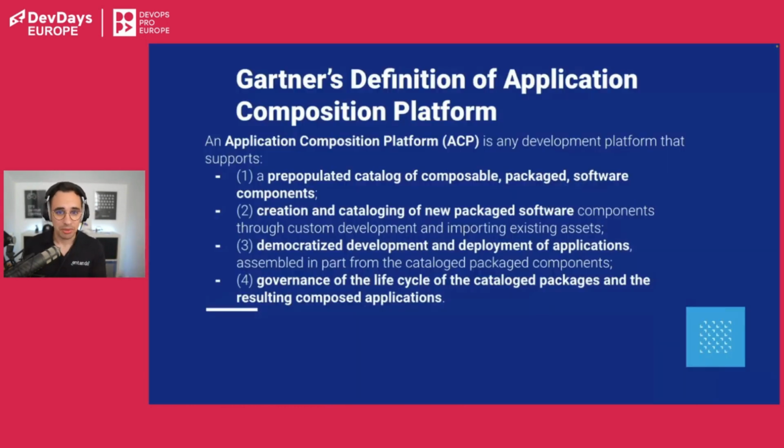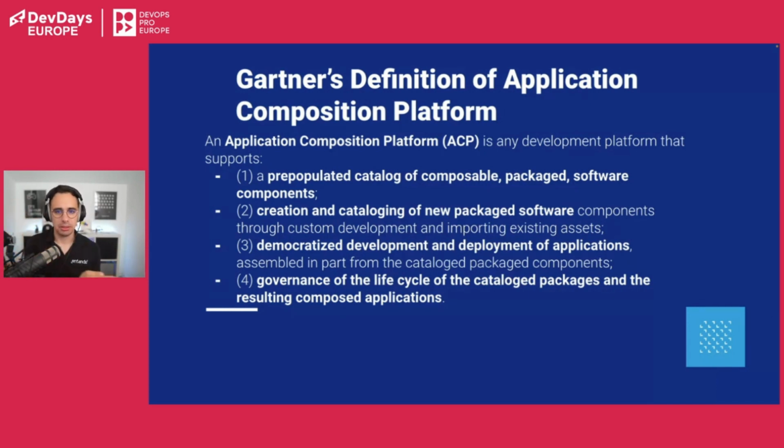Oh no, let's start with the application composition platform. So the first thing I would like to explain to you is the definition given by Gartner. Gartner gave a definition of what an application composition platform should be, and we have 4 different points. The first one is you should have a catalog of composable packaged software components.